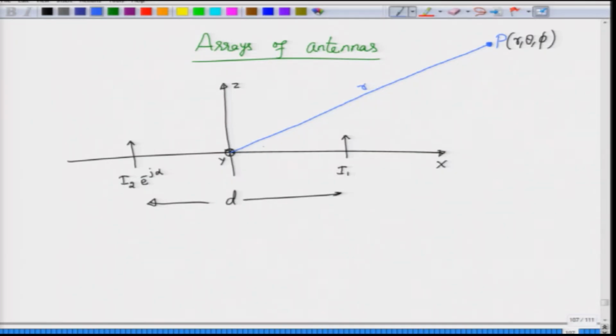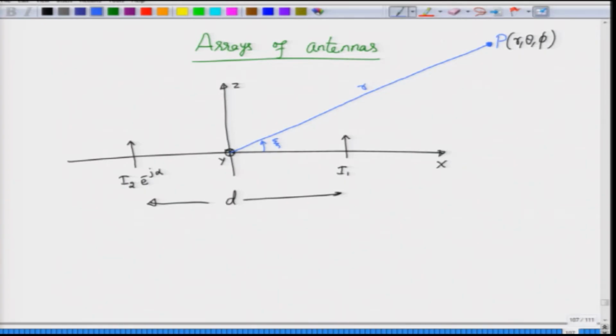Let us denote this angle as zeta. This is an angle zeta as measured from the x axis. Please imagine that you have a sphere here, and then I have this z axis and this x axis. My position point can lie anywhere on the sphere. On the sphere I am writing this as r, theta, phi.